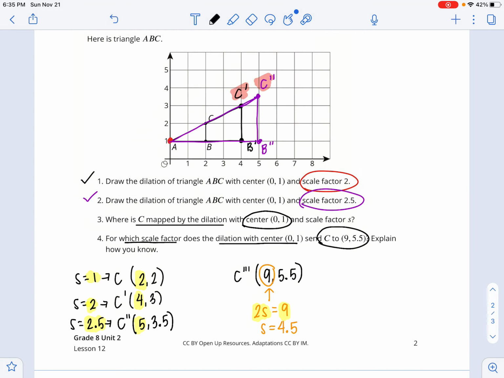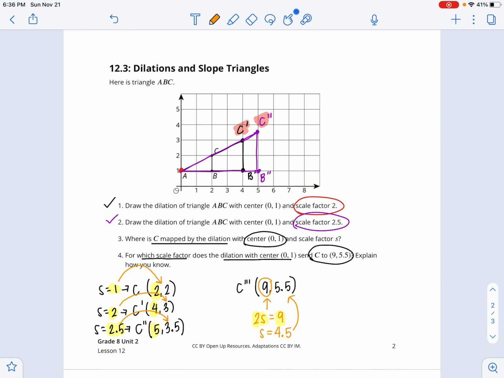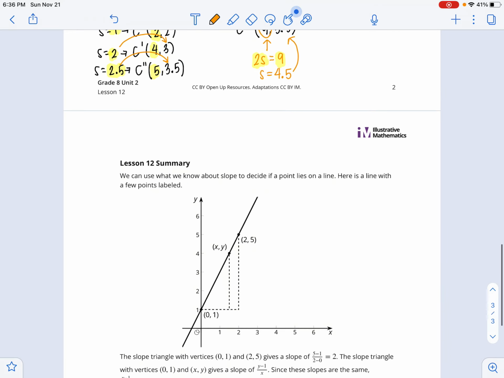It's always 1 greater. 4.5 and 5.5 is 1 unit greater. And so that's just a pattern we can notice from that slope triangle. And these patterns are the foundation of how we identify equations, which is something that we will continue to work on in our next unit.